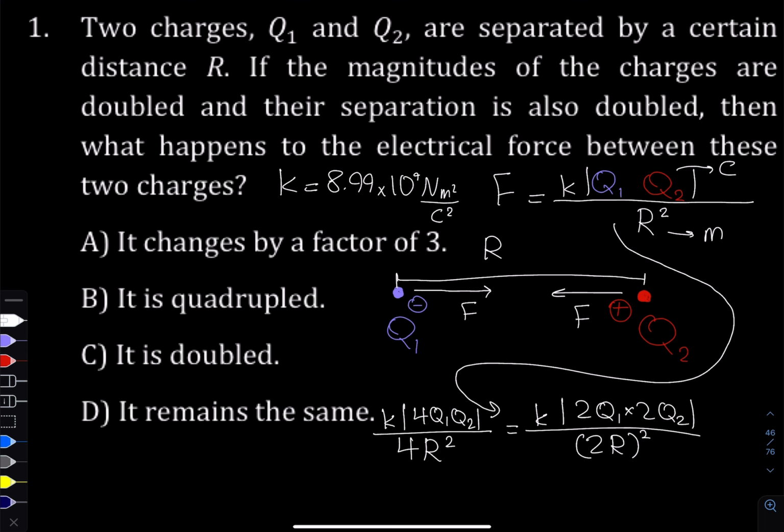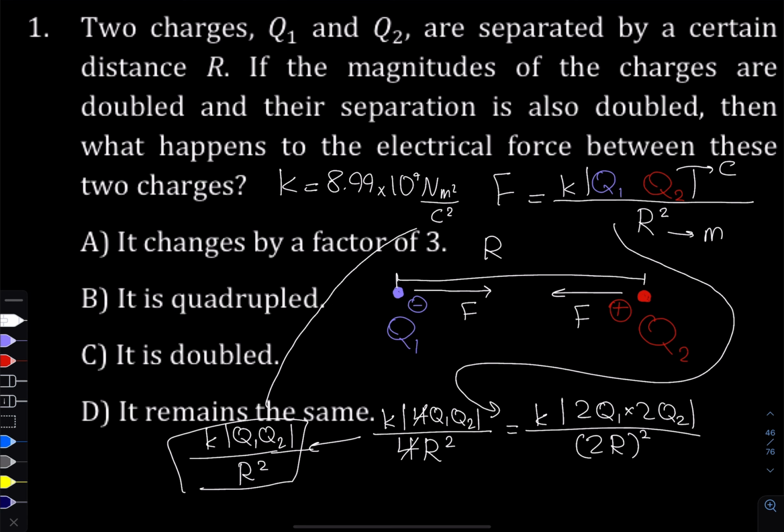So then the 4's cancel out, and so then you're left with this, which is exactly the same thing as what we started with. So therefore the electrical force remains the same. It does not change. Okay.